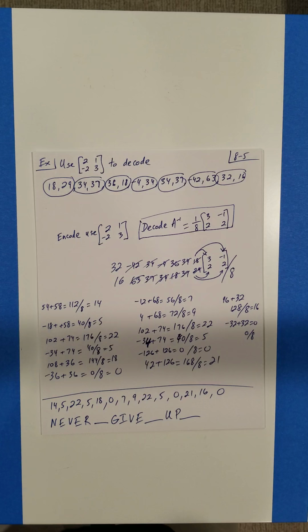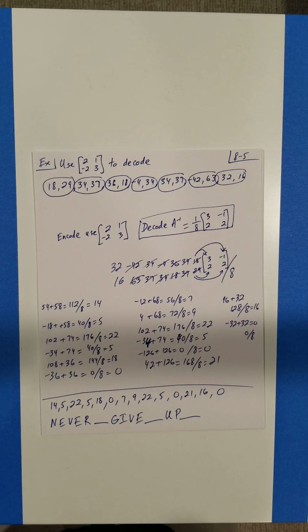I've got two more sets. So negative 42 now with 63. Multiply in here. That's going to give me negative 126, negative 42 times 3, and 126. That gives me 0. Divided by 8 is 0. Negative 42 times negative 1 is 42, and 126. Now add those. I get 168. Divide by 8, 21. So 0 and 21.